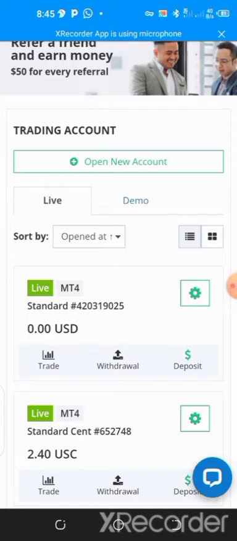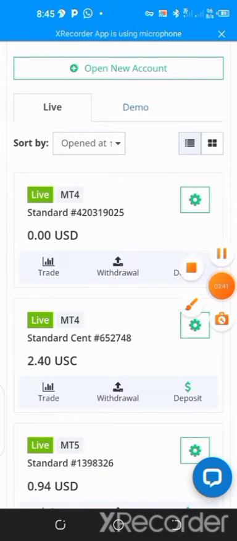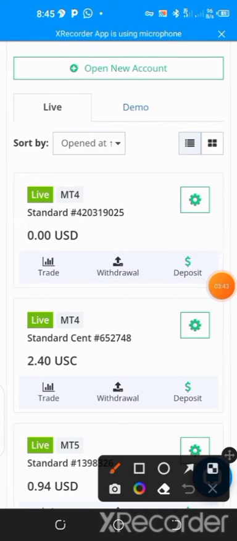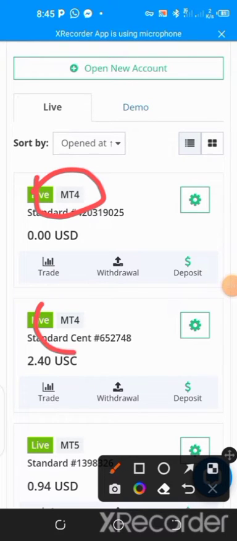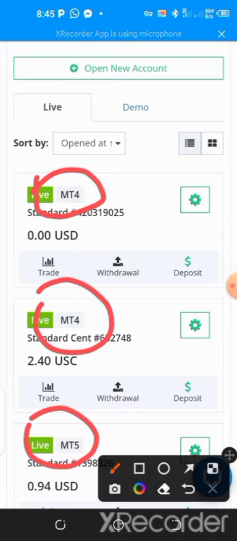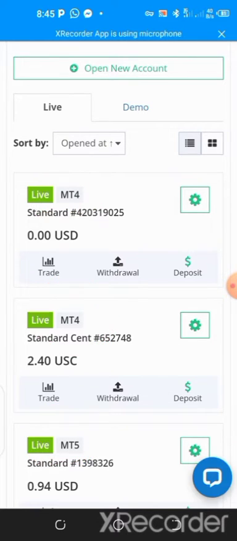You see here, live MT4, live MT5. You can use MT4 or MT5 to log into this account, or you can use both. You can use one if your phone does not have space, in order to economize your space. I ask you not to download this just for these apps because it can occupy a lot of space. So we'll go directly.